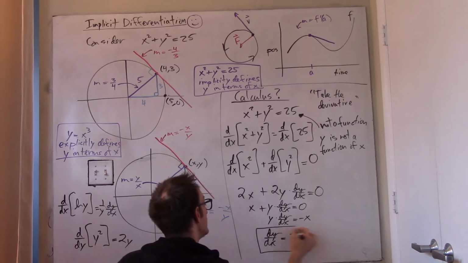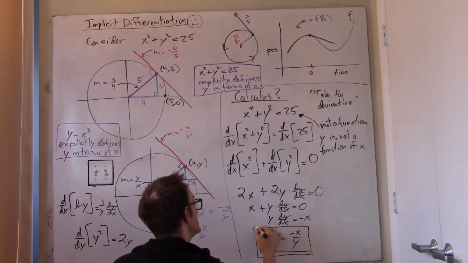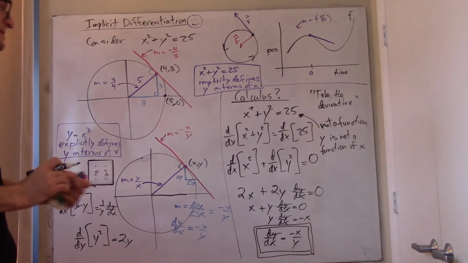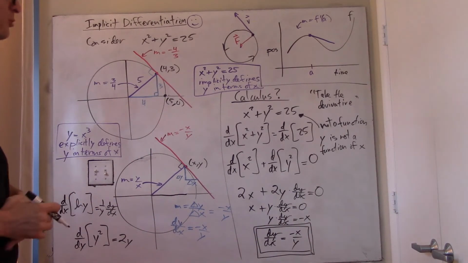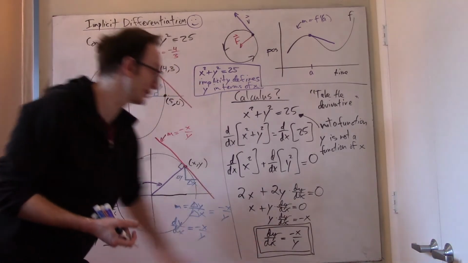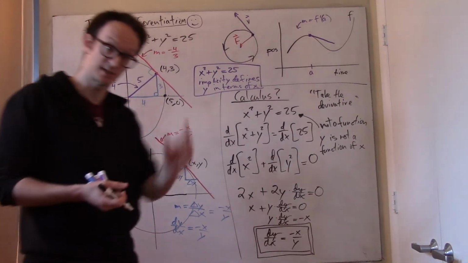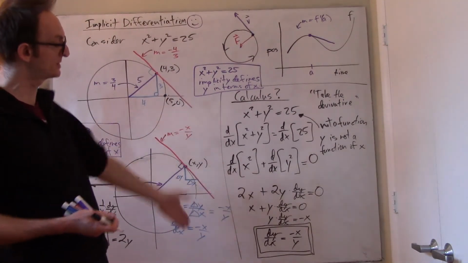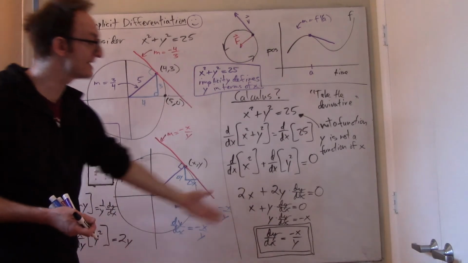So without any geometry, just using calculus, differentiation formulas and the chain rule, I have proved that the slope of this curve, dy dx, the change in y with respect to the change in x, which you can interpret geometrically as the slope of the tangent line, is negative x over y.